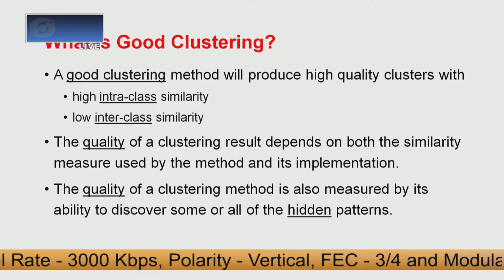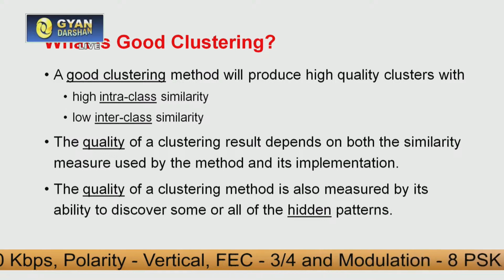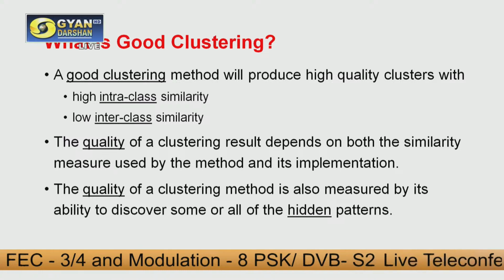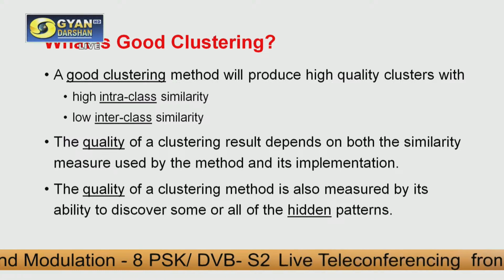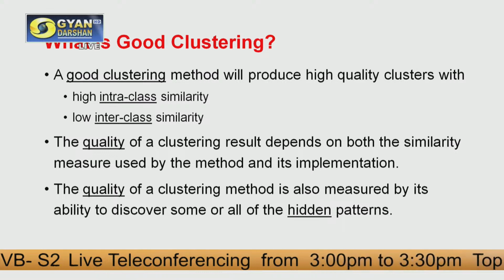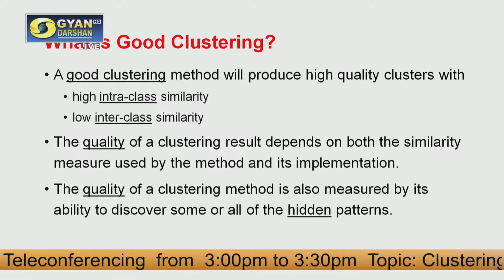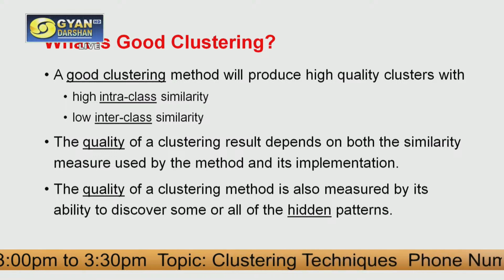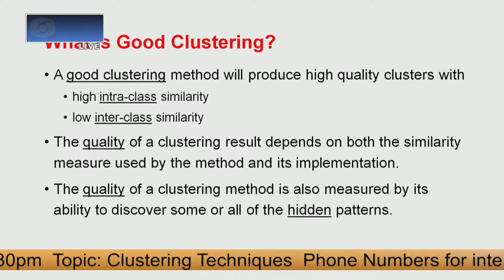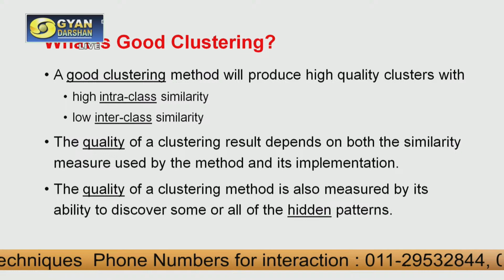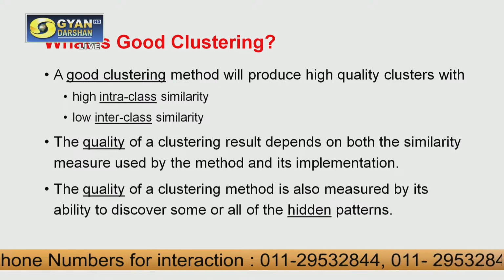The quality of clustering is also measured by its ability to discover some or all of the hidden patterns. As I mentioned in the very beginning, the aim of all these data mining functionalities, whether you talk about association rule mining, classification techniques, or clustering techniques, is to find or discover the hidden patterns from your data set.